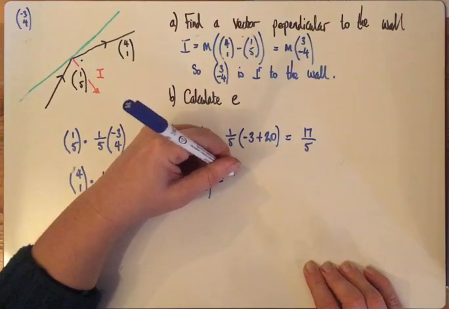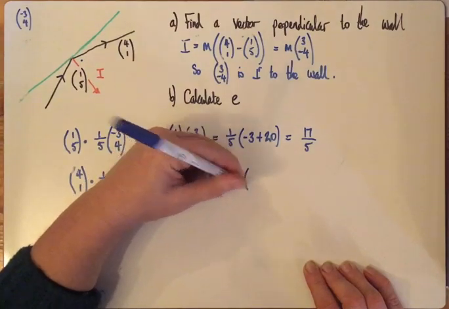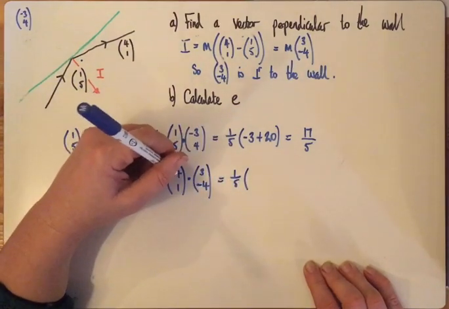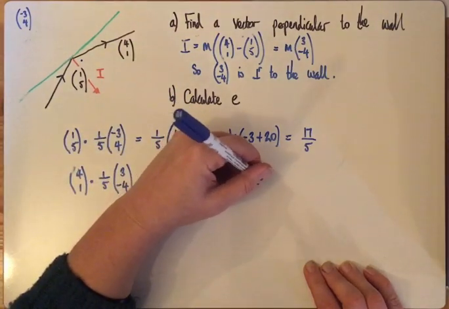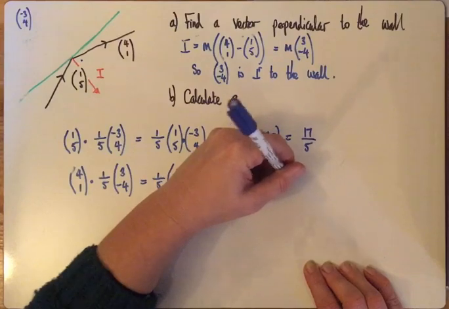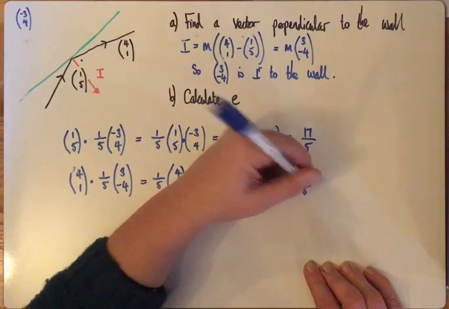And then that's going to give me 1/5 lots of 12 minus 4, which is 8 over 5.